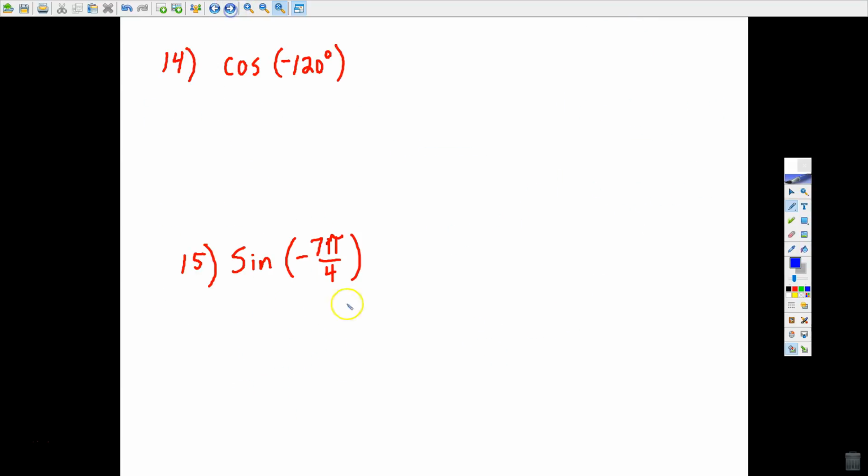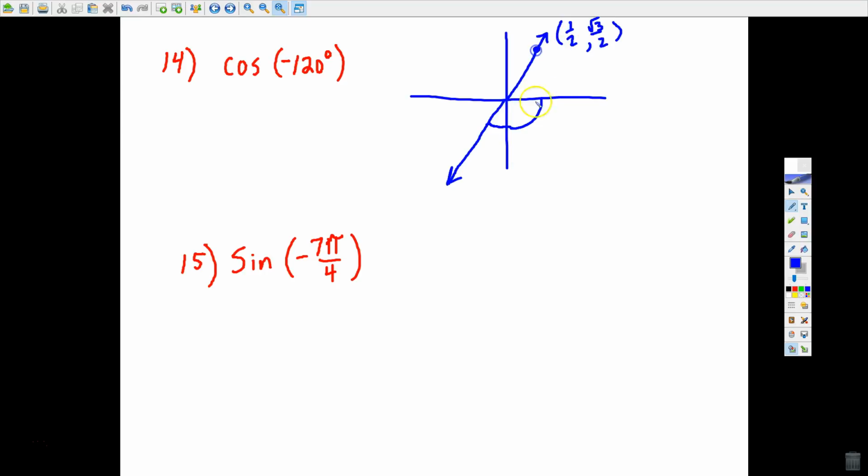Okay, very good. I've got a couple more of these, so let's see if we can figure this out pretty quickly. Cosine negative 120, so this is negative 90, and then another 30. Okay, so here is that angle, and let's compare it to the angle up here that we already defined several times. 1/2, square root of 3 over 2 would be this ordered pair on that end of that terminal side.